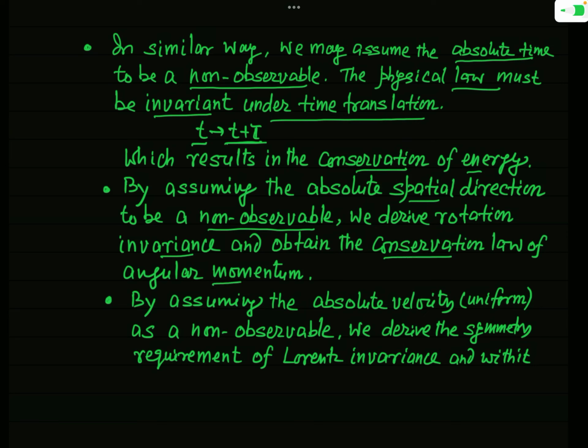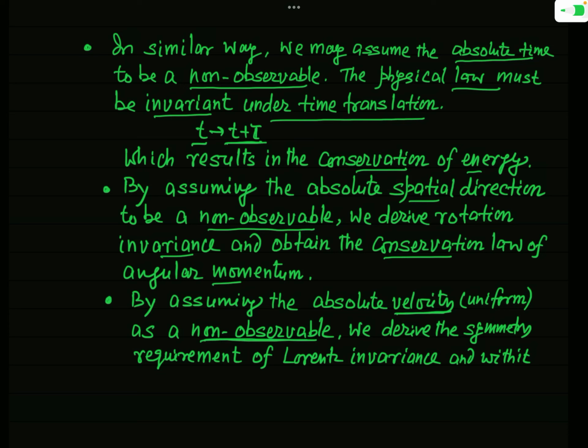In a similar manner, consider that the absolute velocity, or the uniform velocity, is a non-observable. Mark this. Absolute velocity is never measured; we always measure the relative velocity.